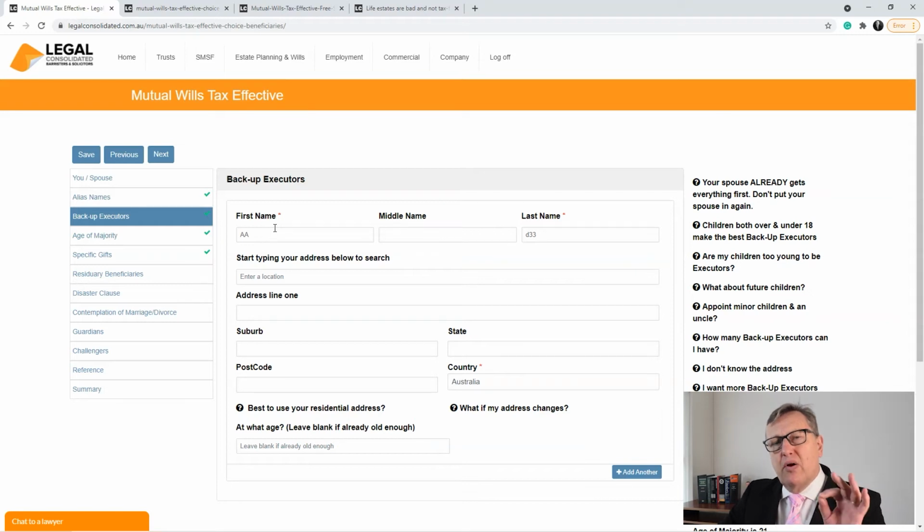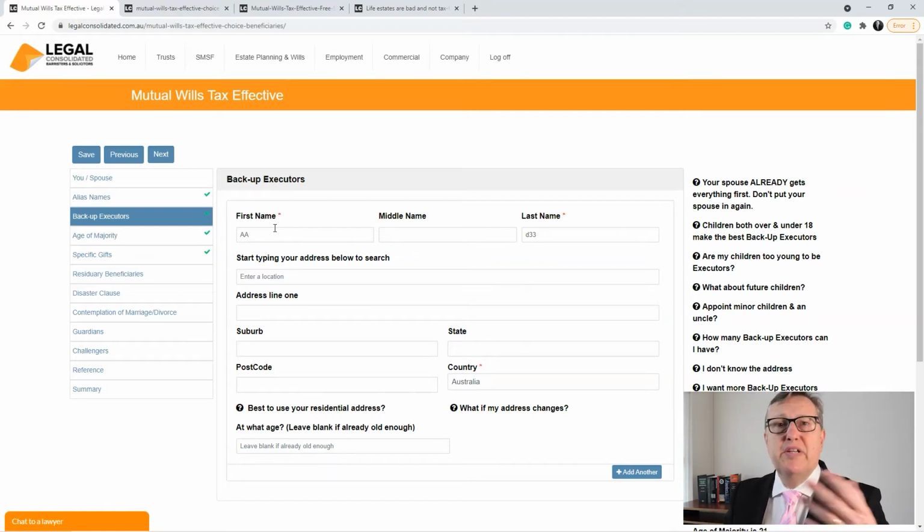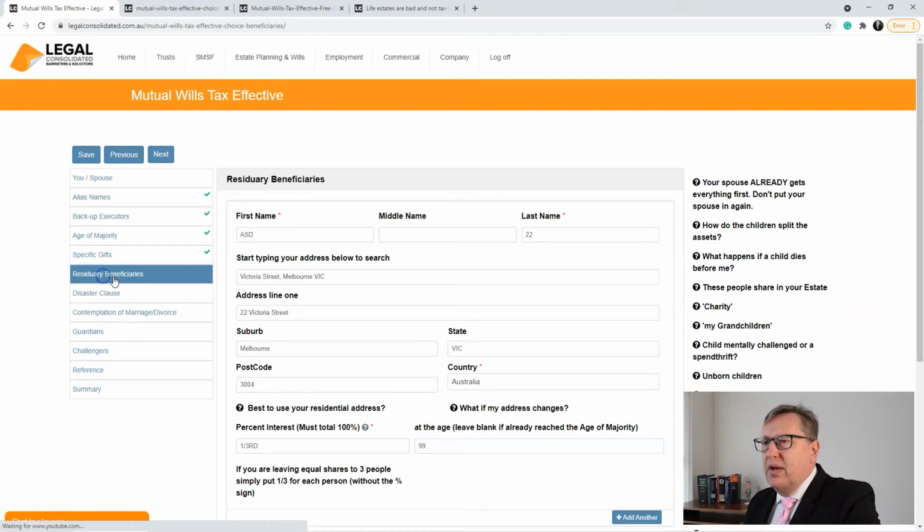The Legal Consolidated 3-generation testamentary trust wills are drafted so those executors, over the years, say 20 years after you've died, can actually hand the role of trustee of that 1/3 for the vulnerable child over to someone else, maybe to one of their children or one of your great-grandchildren that have the ability to look after and help the vulnerable child while that vulnerable child is still living. So the residuary beneficiaries, in your case, after you and your spouse die, will be the 3 children.